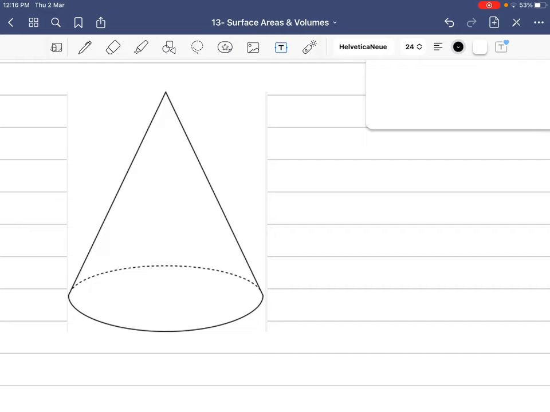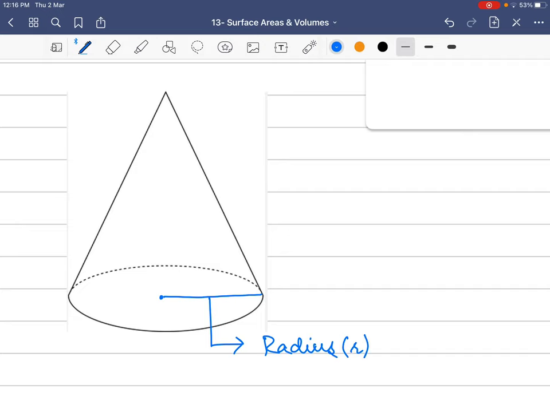Now we are going to map the important parameters in this cone, and the first one is the radius. So this circle that is formed at the base will be the base of our cone, which is circular in shape, and this will be our radius. So I'm just going to write here r. So r is called the radius.